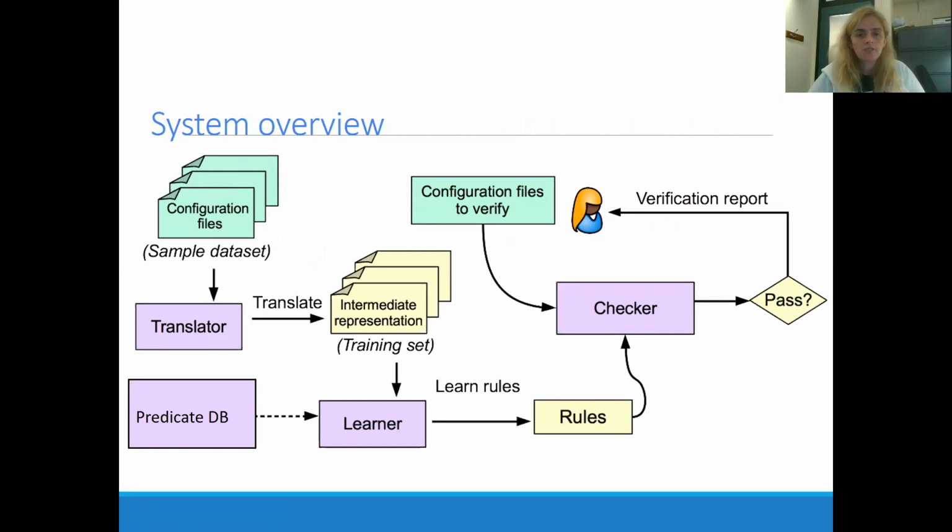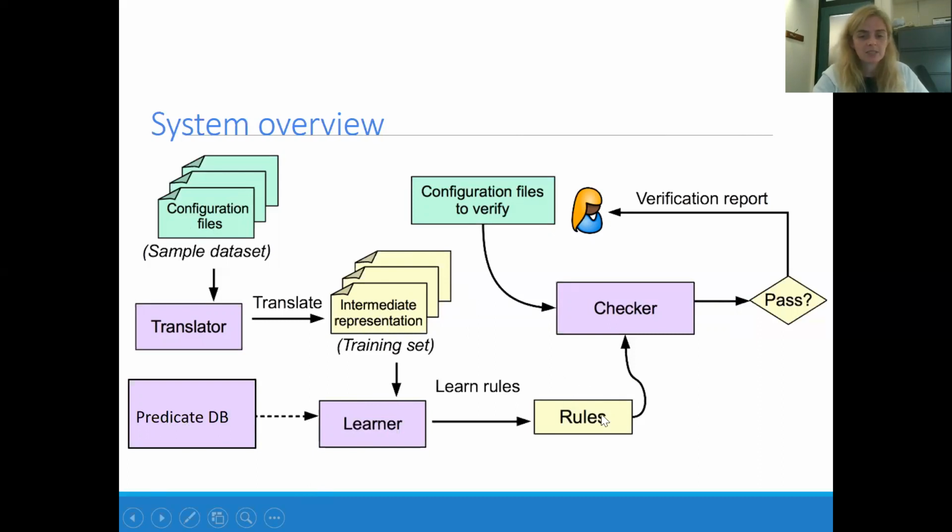Whether your configuration files are for setting up Travis CI, MySQL, or something else, we don't really care, as long as you have translated them into this intermediate representation. Once we have it, we learn those rules, and this is template-based learning. We provide a set of templates which we use to learn properties about configuration files.